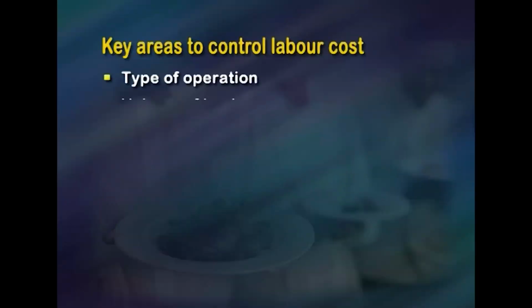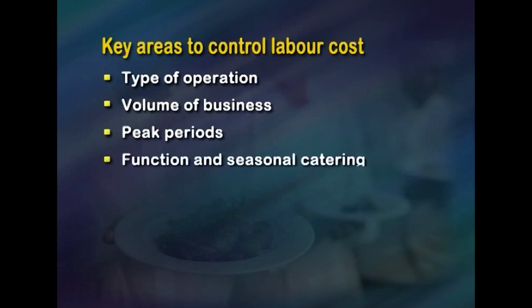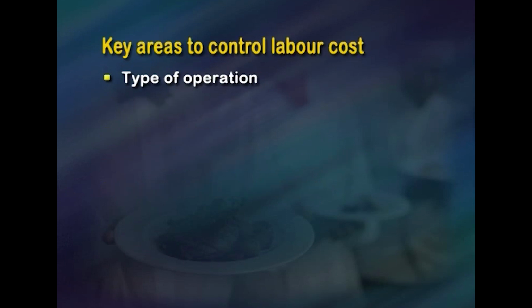In spite of all these different components, labor cost can be controlled by paying attention to some key areas such as type of operation, volume of business, peak periods, function and seasonal catering, equipment and technology. Type of operation.